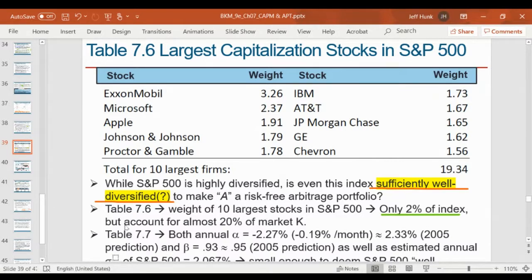But in terms of weight, it's almost 20% of the market capitalization, right? So it's kind of skewed. This is, as I said, head count.